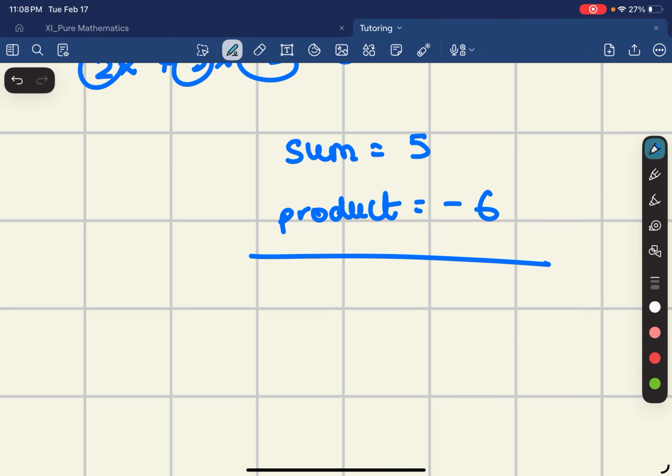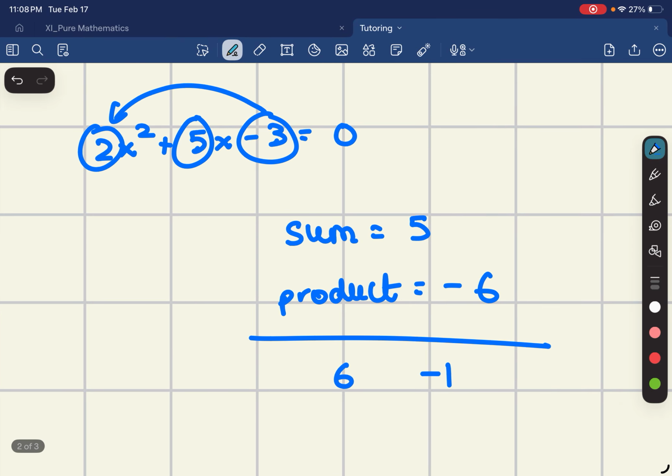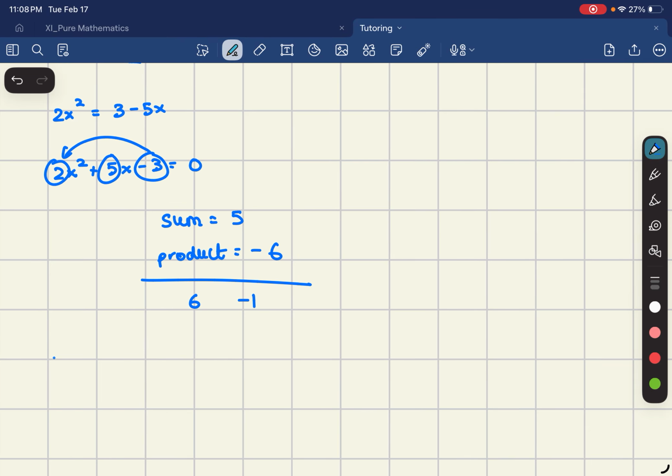So can I think of two numbers that give me a sum of 5 and a product of minus 6? Well, yes, I can think of 6 and minus 1. When I add 6 plus minus 1, I get 5. When I multiply, I get minus 6. So I can split the middle term now as plus 6x minus x. And this gives me 5x. 6x minus x is 5x. So I have not changed anything.